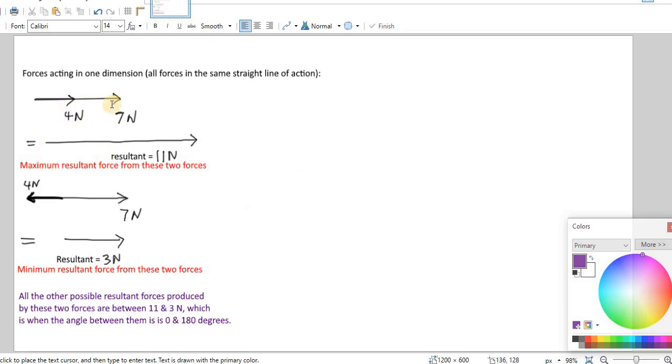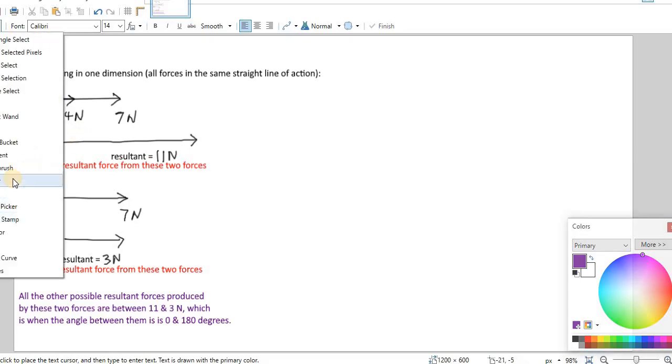Now if the two forces are in the same direction, that is in one dimension, then you get the maximum force. If the two forces are again in one dimension but in opposite directions, you get the minimum force that can be produced by these two forces acting on a certain body. All the other possible resultant forces produced by these two forces are between 11 newtons and 3 newtons, which is when the angle between them is, over here you can see the angle between them is 0 degrees. Here the angle between them is 180 degrees.